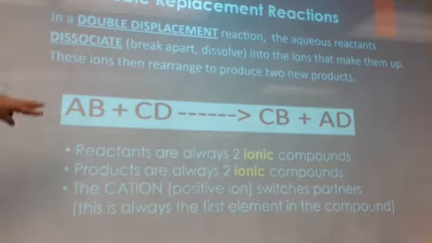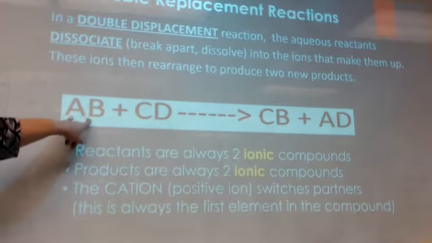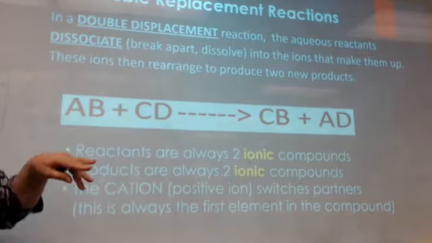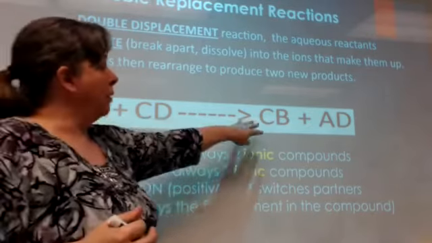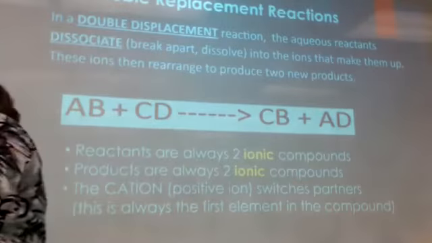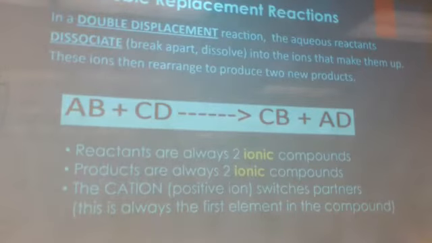Okay, so basically we're going to put this compound in water to make it aqueous. And we're going to say, now let's mix it up, shake it up, and see what we end up with as a result. We'll talk about the patterns of forming shortly, but we're just going to go over the basic terminology first.